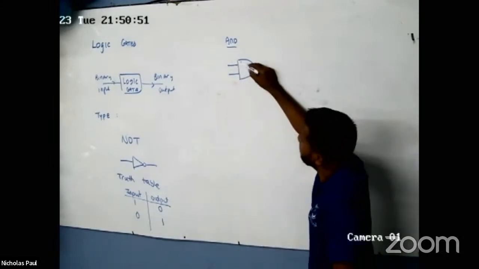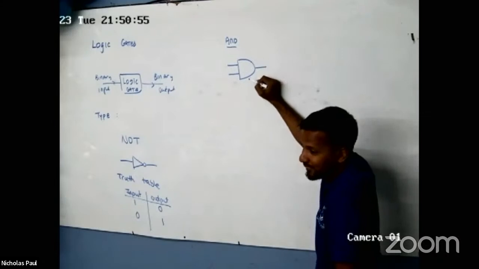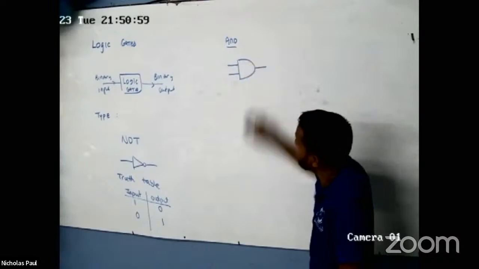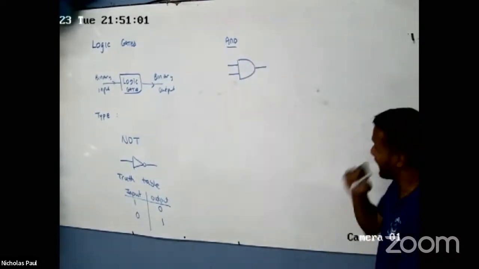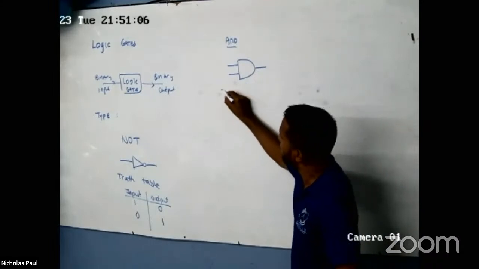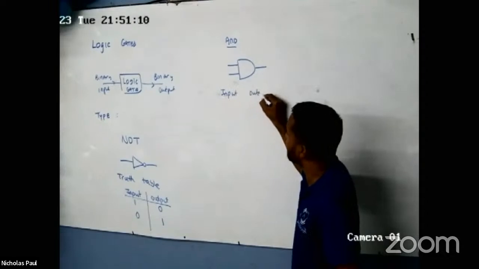What's the shape of that? It's a plug shape. So the AND gate looks like that: straight at the back and a curve in front. For the truth table, you have your input and your output.